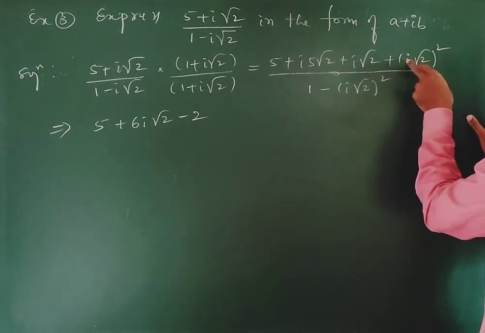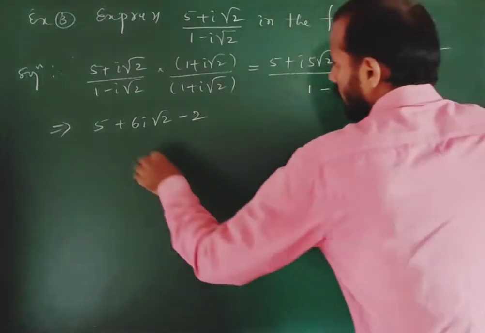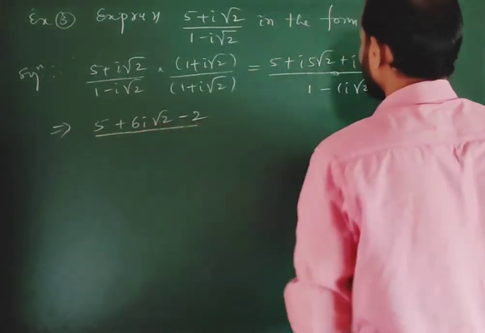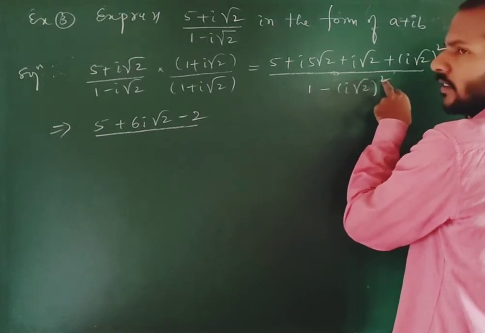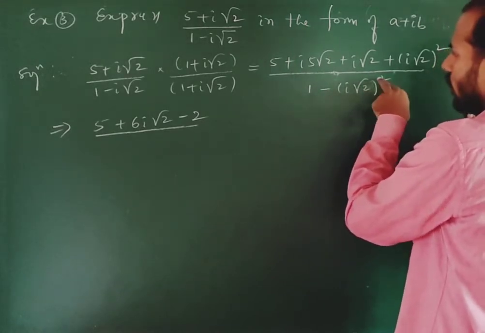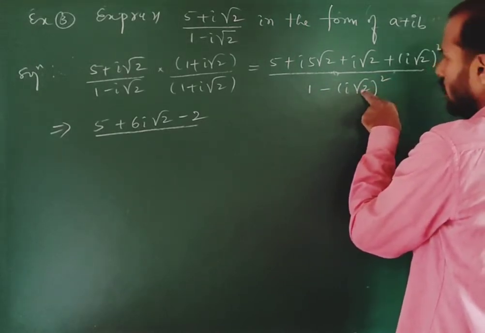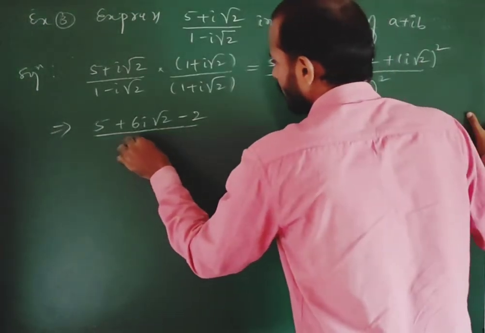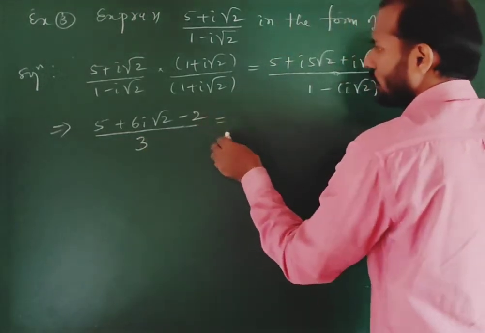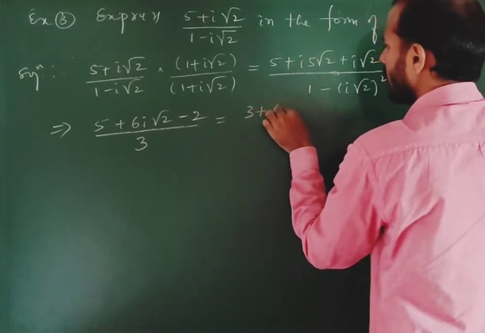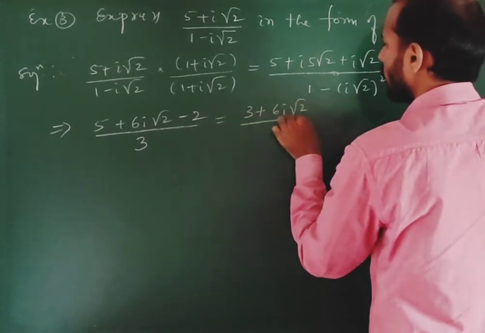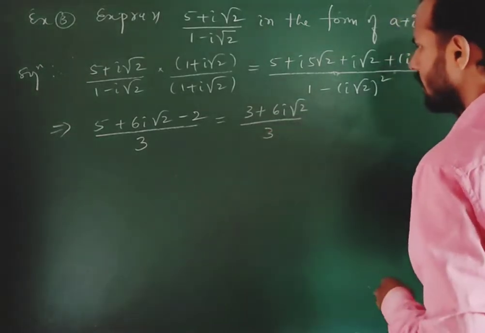Plus into minus minus, 2 into 1 is 2. In the denominator, 1, here also, i square means minus 1. Square root gets cancelled, only 2 remains. 1 plus 2 is 3. Which is equals to 5 minus 2 is 3 plus 6i root 2 upon 3, right?